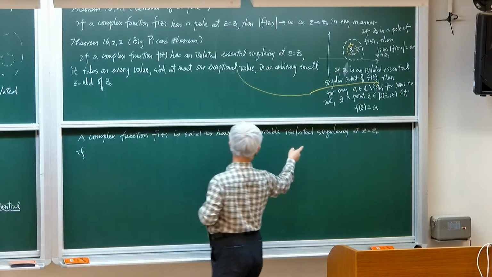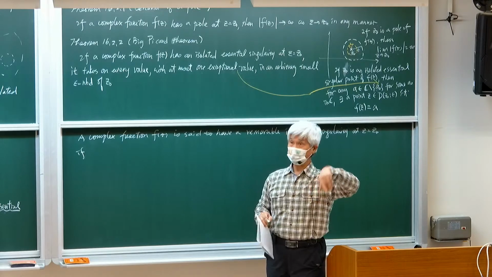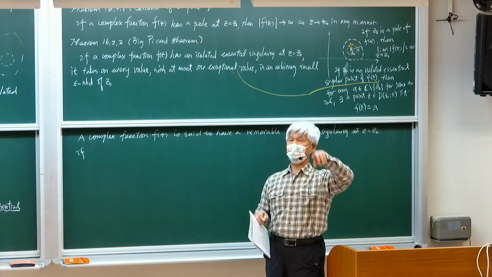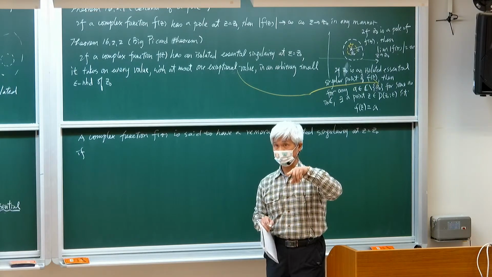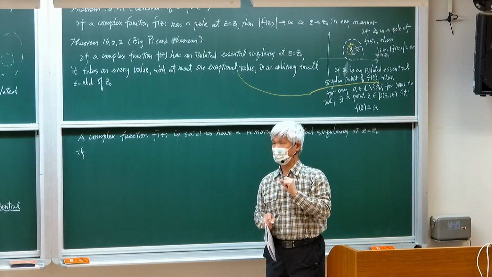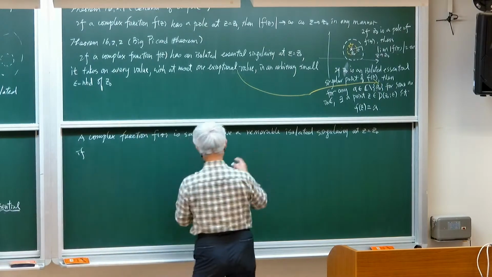Because for an isolated singularity, the function f is analytic, it's very well behaved, because it's analytic in a neighborhood of this z0, except the center. So in some cases, we can remove the singularity.